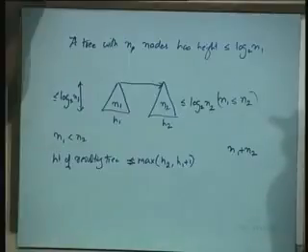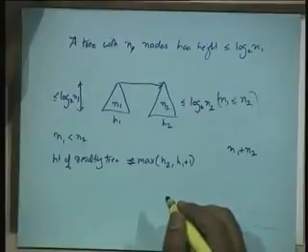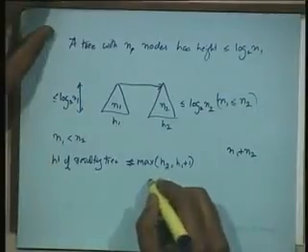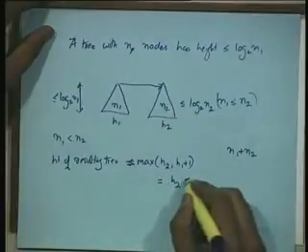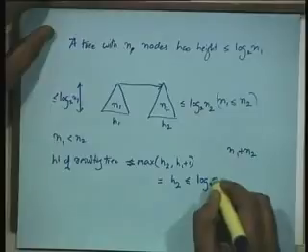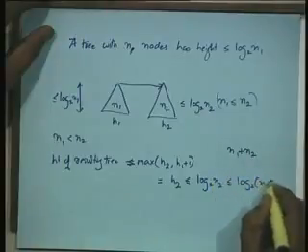Now let's see, this is the height of the resulting tree. If this value equals h2, there are two possibilities. Either this value is equal to h2, but h2 is less than log of n2, which is less than log of n1 plus n2.